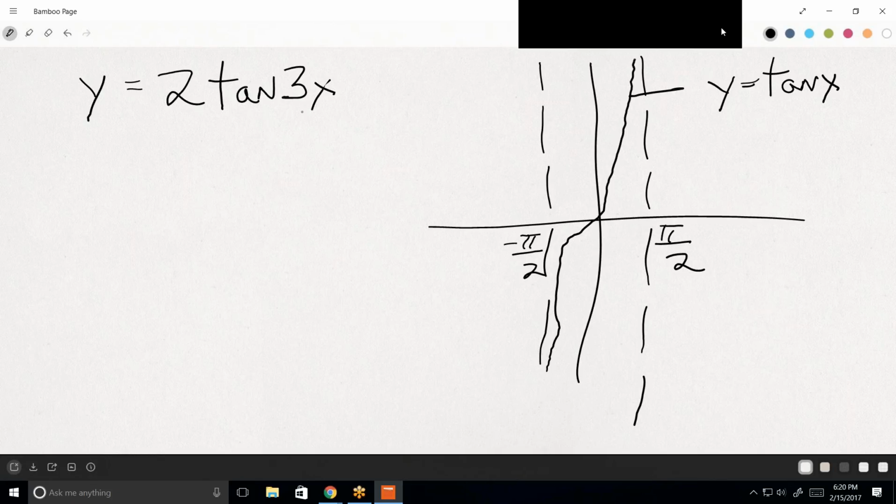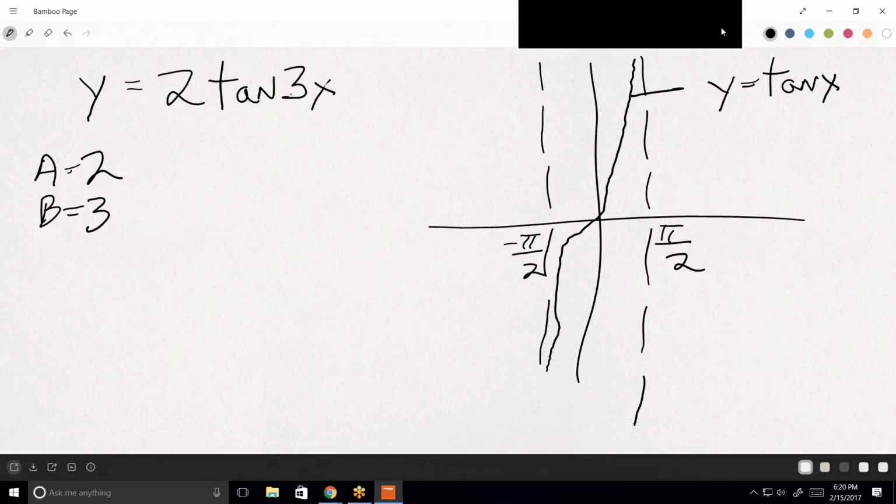Well, with this one I can still say a is 2. In other words, I'm going to have a vertical stretch on this curve. But there's a coefficient of 3 in front of the x, and I'm not even sure it's fair to call that b, which makes the period what? 2/3 pi.